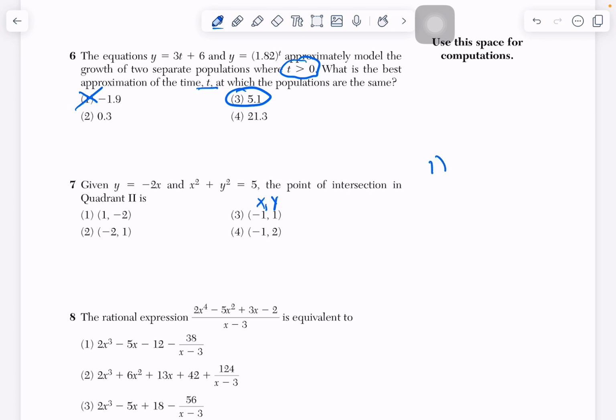If we do choice number 1, I'll do one that doesn't work, right? Negative 2 is equal to negative 2 times 1. That works there, right? That's checked. But how about in the other equation? I have 1 squared, you know, and that's a circle equation, if you remember, plus negative 2 squared is equal to 5.